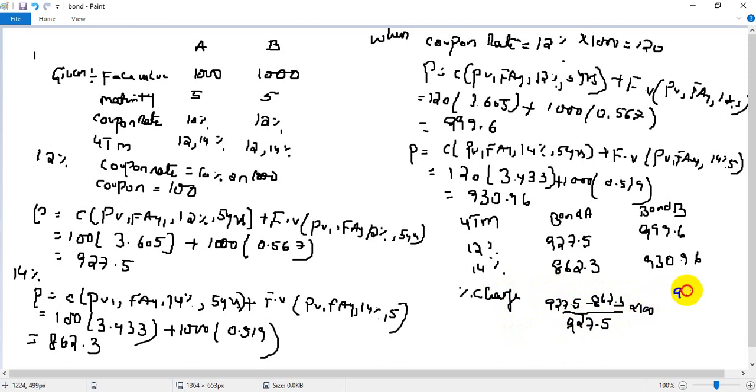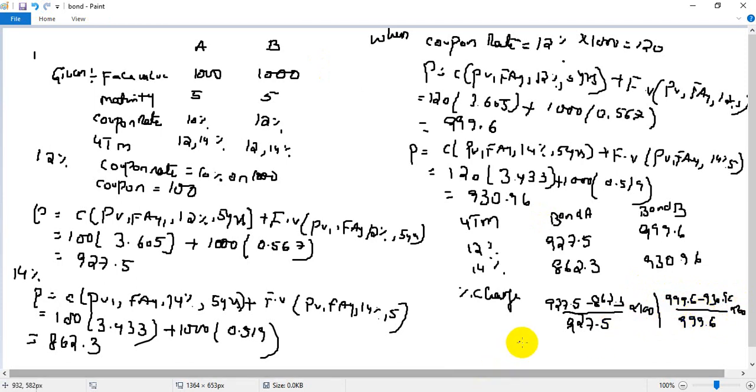Here also you need to calculate in a similar manner: 999.6 minus 930.96 divided by 999.6 into 100.